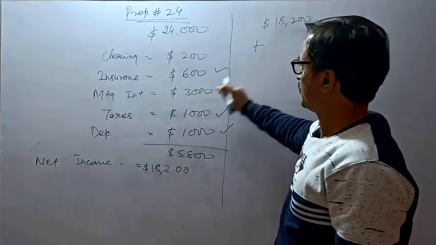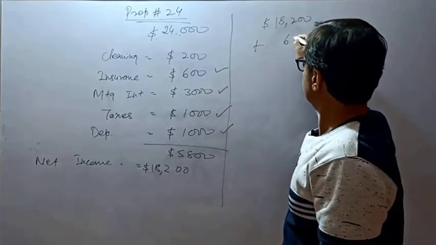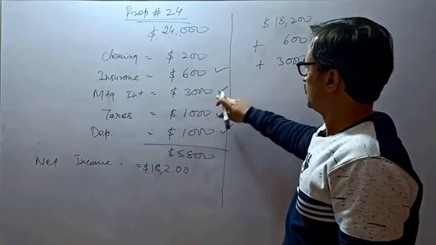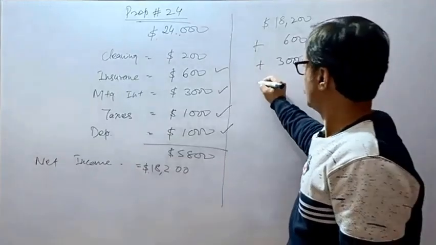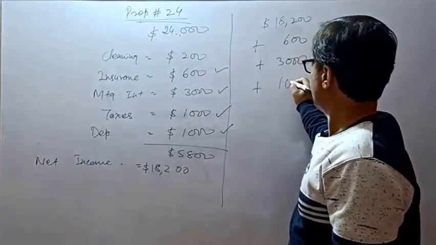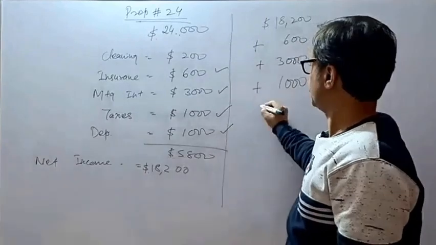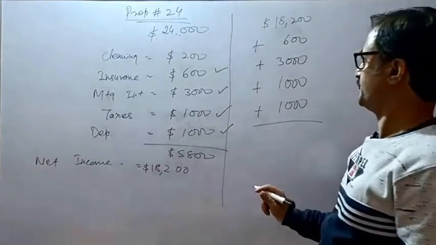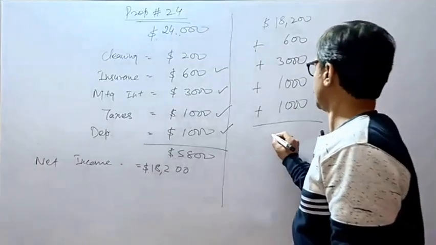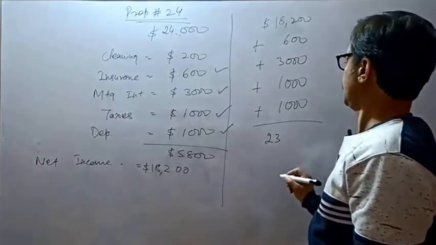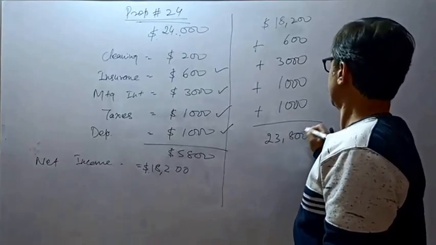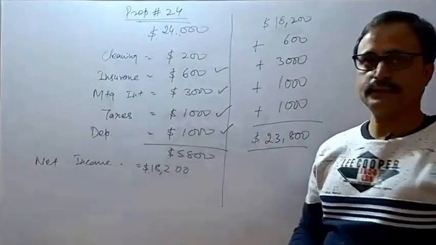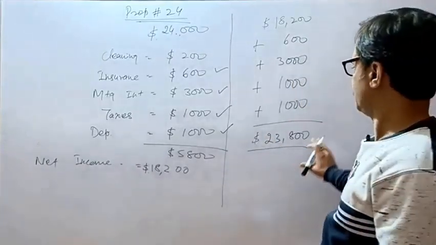Now add back insurance 600, plus mortgage interest that the borrower paid, plus taxes 1000, plus depreciation. We know that depreciation we can always add back. So it's going to be 23,800. That is the total income they received in the previous year.